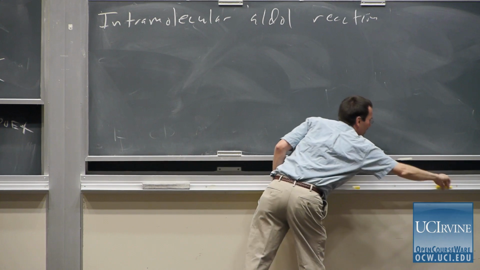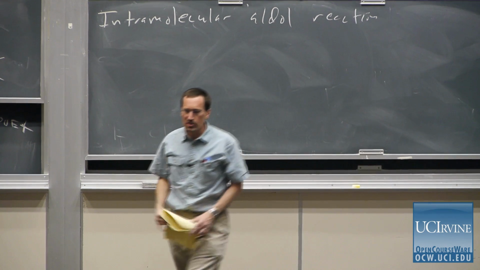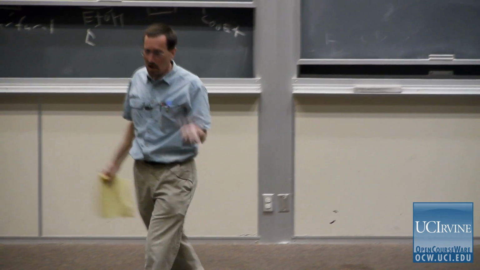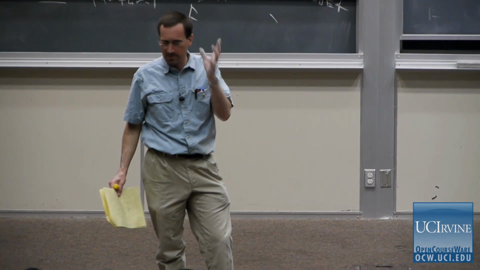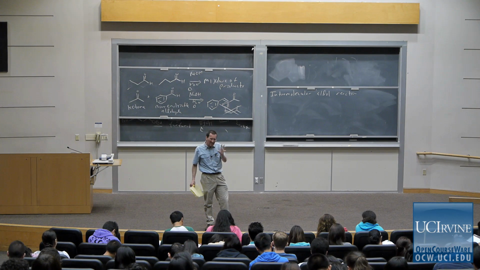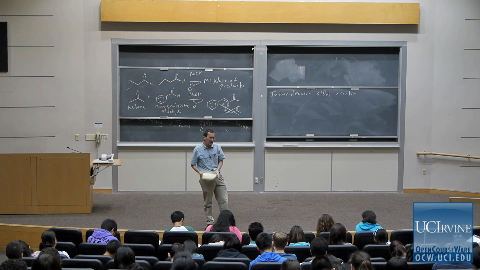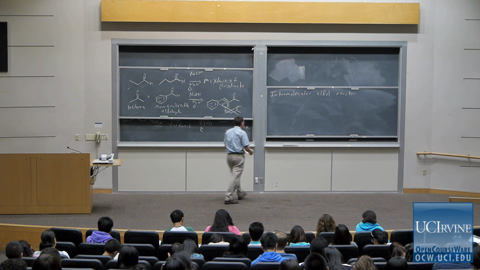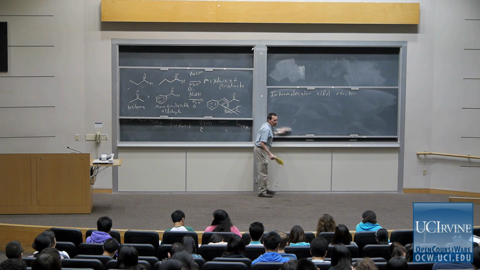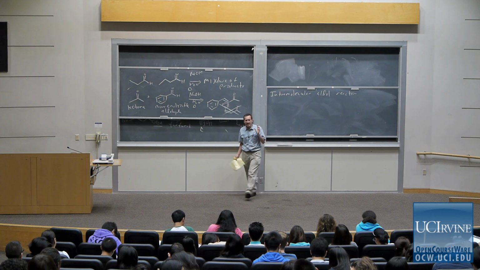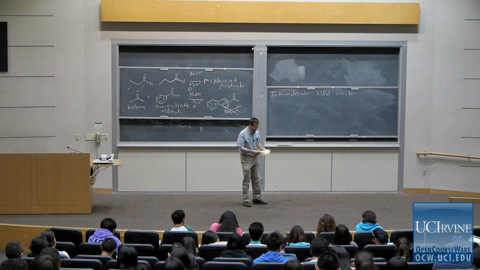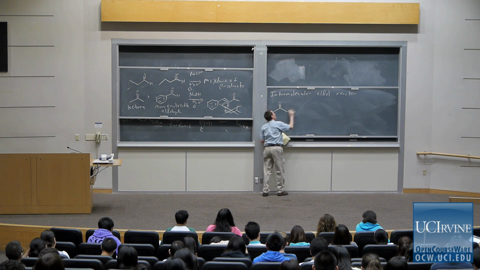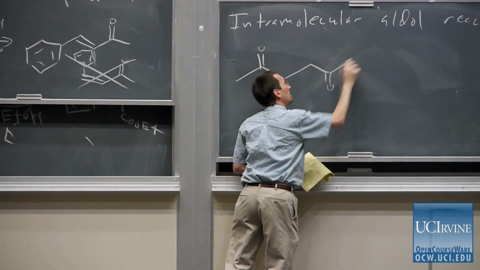In general, 5- and 6-membered rings are particularly stable and particularly easy to form. 3- and 4-membered rings have substantial ring strain. 7-, 8-, 9-membered rings have some other strain associated with them. So in general, if the reaction can occur in a way that gives rise to a 5- or a 6-membered ring, it will.